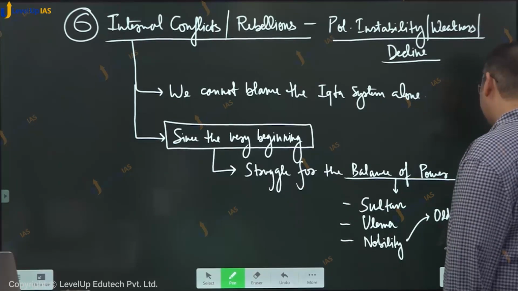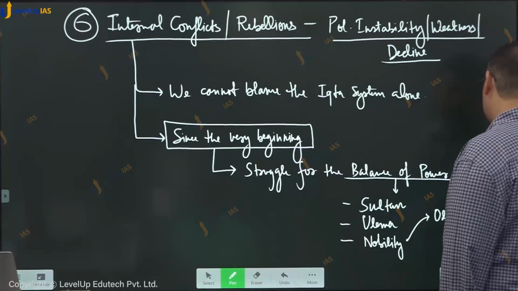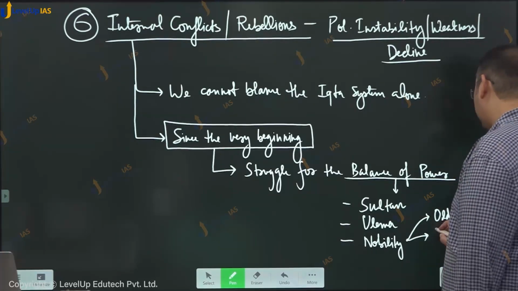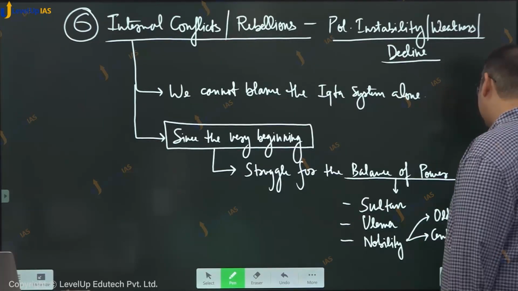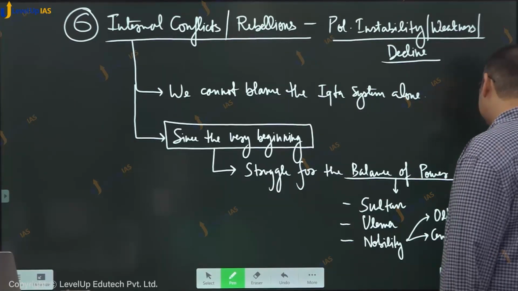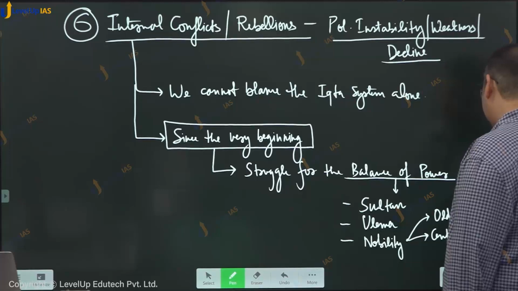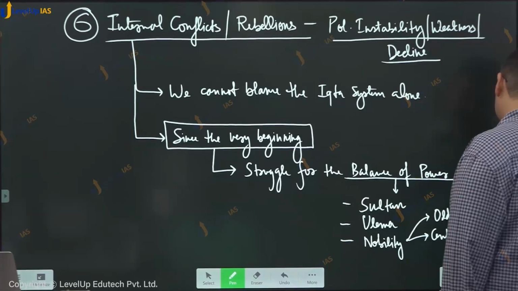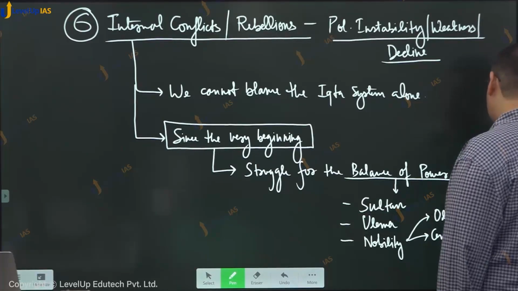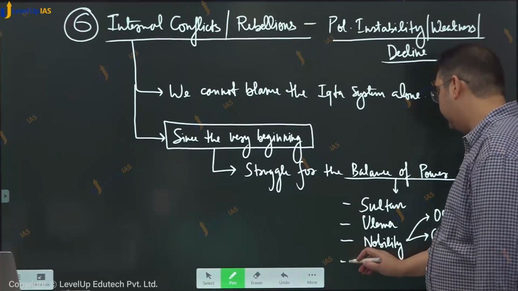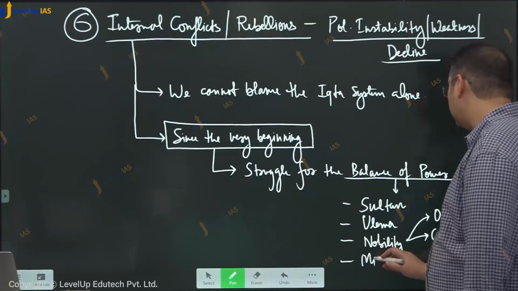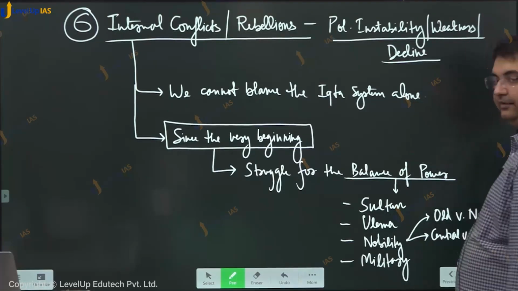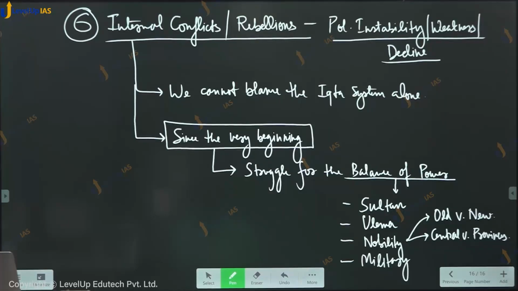For example, the conflict between the old nobility and the new nobility, the interests of the nobility at the center versus the interest of the nobility at the provinces, and the मिलिट्री. ठीक है.